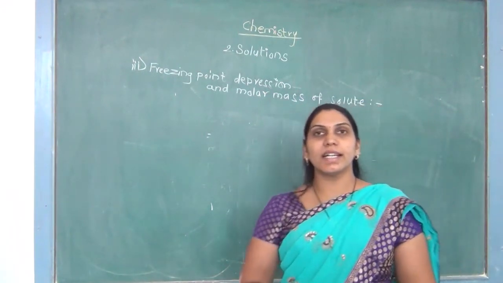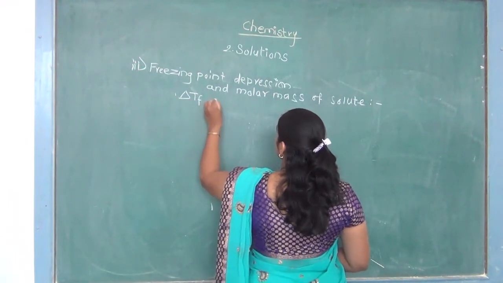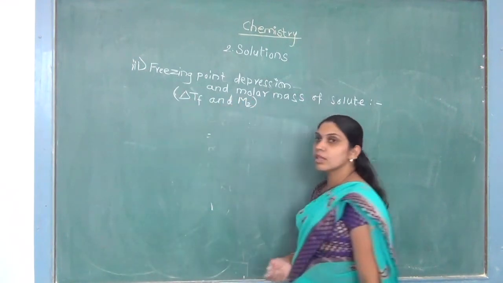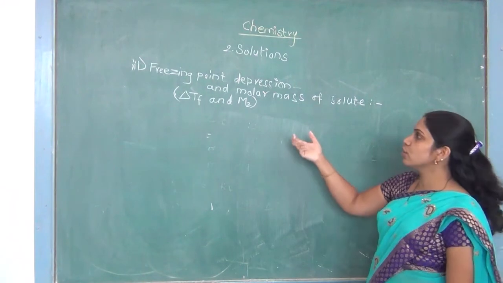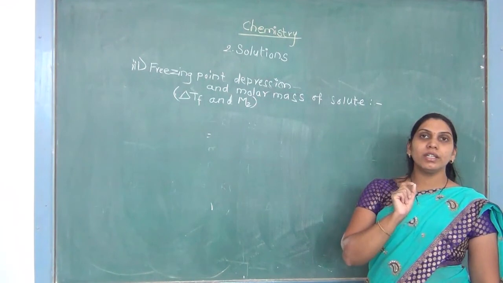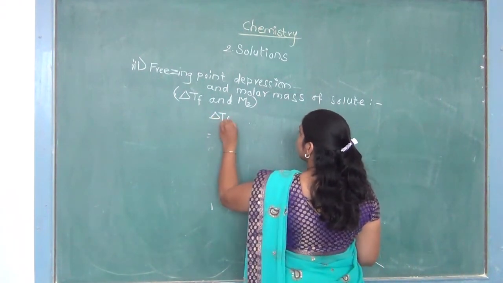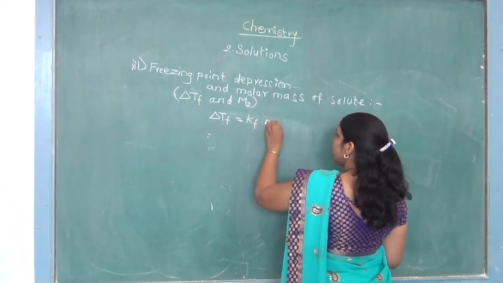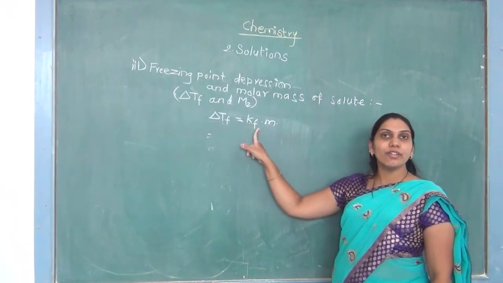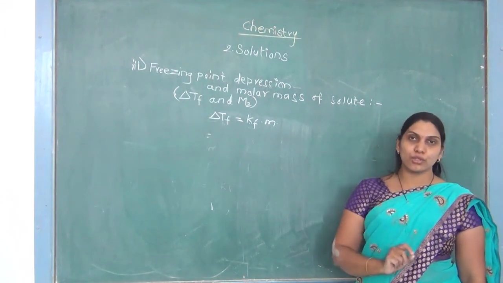Relation between delta TF and M2. Just now, while studying the relation between freezing point depression and concentration of solution, we studied an equation given as delta TF is equal to Kf into m. Here, delta TF is freezing point depression, Kf is the molar depression constant, and m is molality of solution.